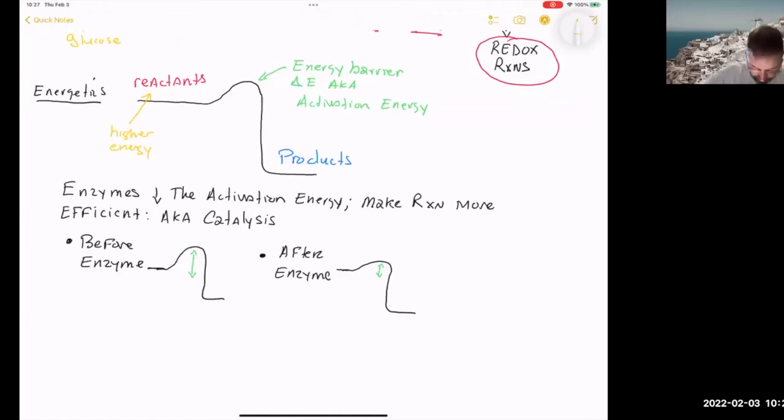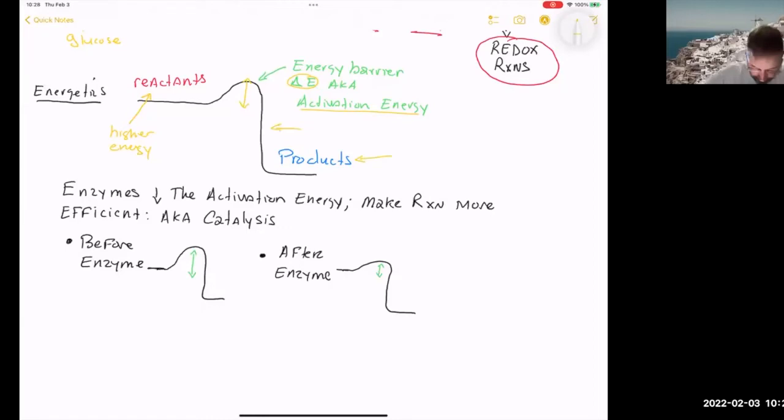You can't just put it together and expect something to spontaneously happen all the time. There's generally a barrier. You have to put a little bit of energy in to get the chemical reaction to work. That little energy barrier is known as the delta E, or the activation energy. So there's some energy barrier that you need to get over before the chemical reaction will proceed. The reactants get over the energy barrier, the chemical reaction occurs, and then you have your products.